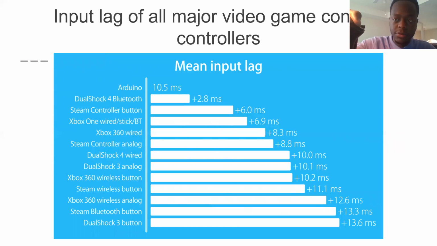It's just about the geometry, the material. Each one is different. So this table goes through the stock input lag of each of the major controllers on the market. And we found that the DualShock 4 Bluetooth controller had the lowest, 2.8 milliseconds.